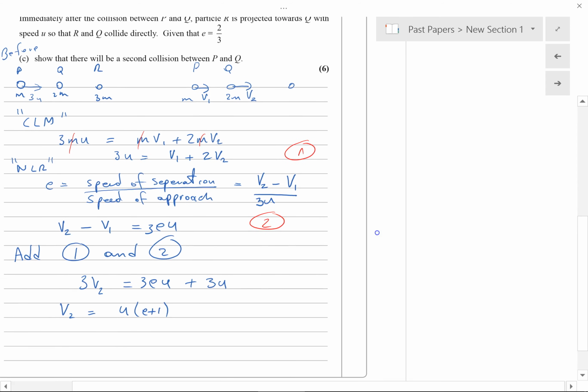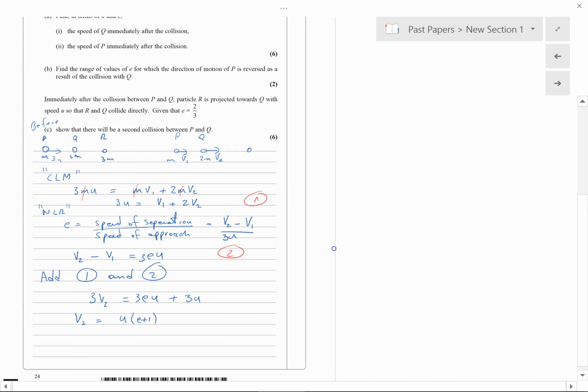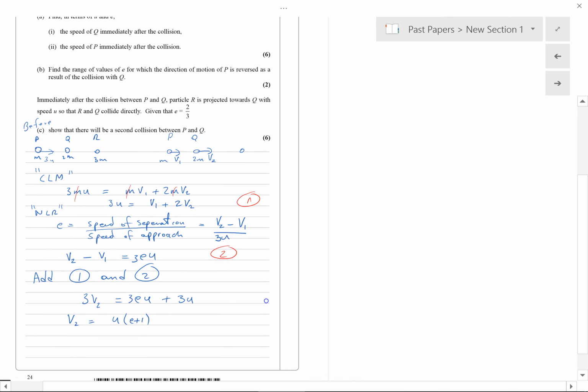Okay, so that's V2. Now if we subtract the two, because it does want both of these, we've got V2 doubled, so we might as well substitute for V2 because it's a very simple expression.